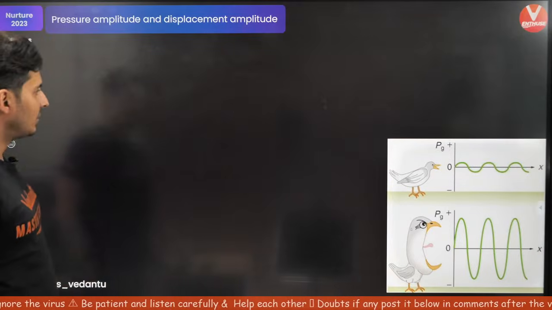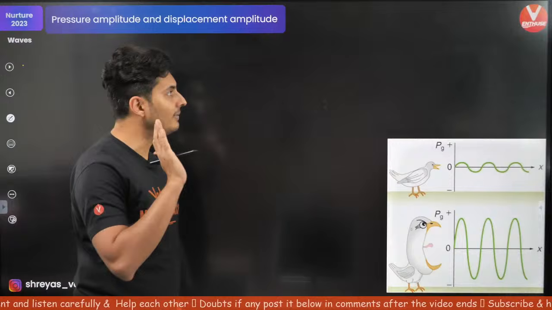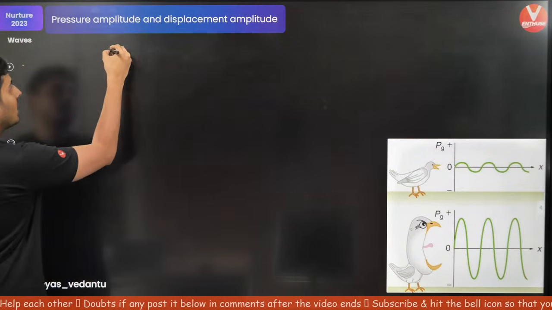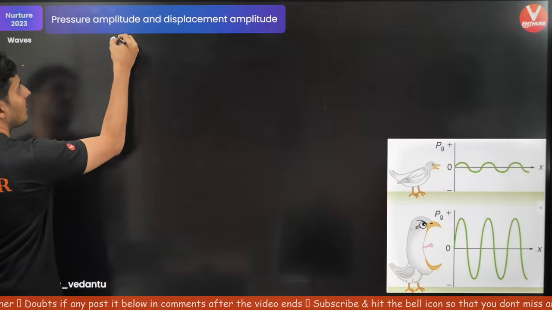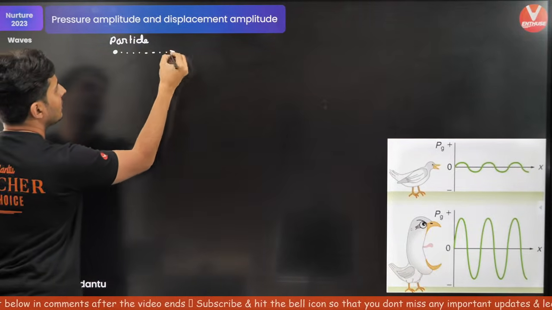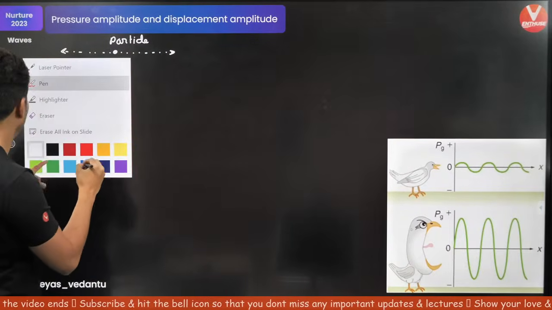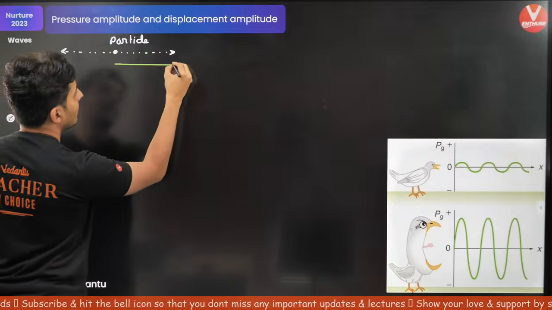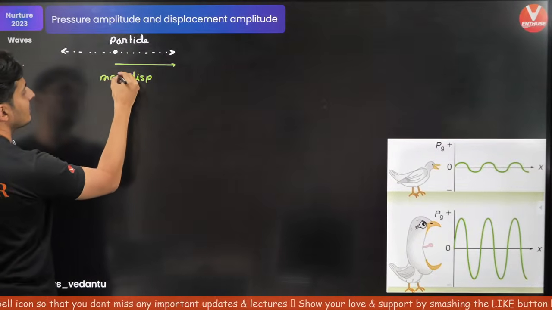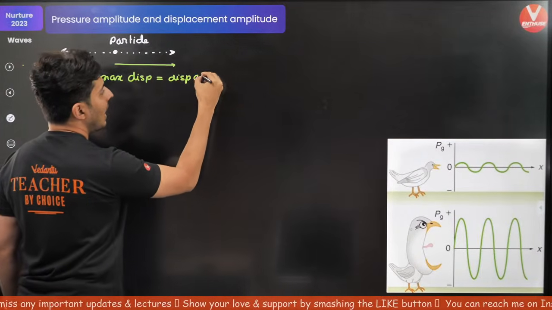So going back to this over here. In case of a longitudinal wave, here is what I will notice and show. The particle goes back and forth like this. Goes back and forth like this. This one is the displacement, but max displacement. That's why I will call it the displacement amplitude.